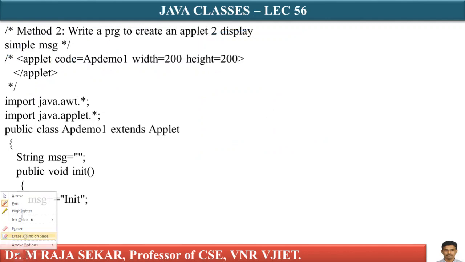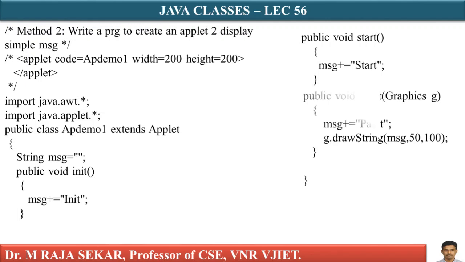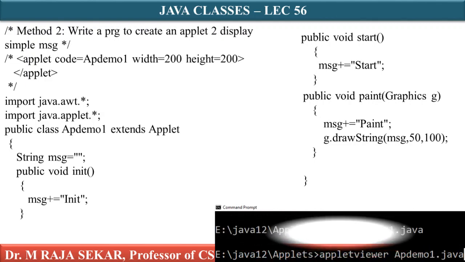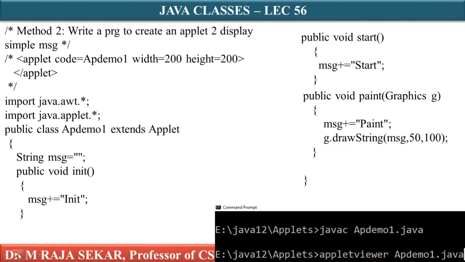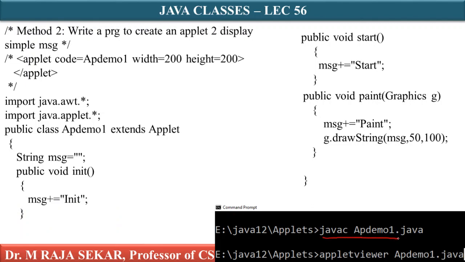This is the code which I discussed. Just try to recall this. Import java.awt.*, import java.applet.*, same string msg code. I am keeping an empty string. Init method, start method, paint method. How can I run this program? First I must compile this program. What is the procedure for compilation? javac appdemo1.java.